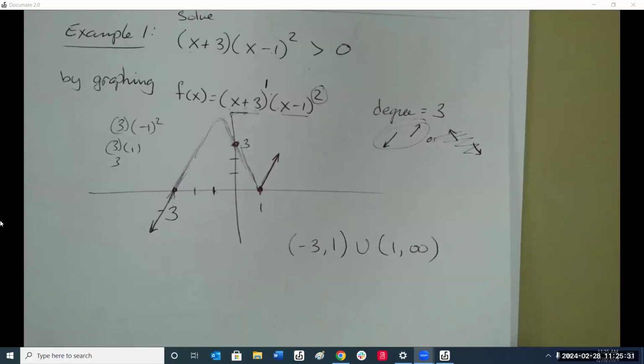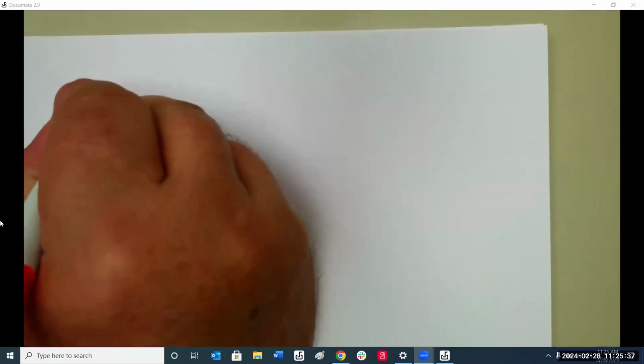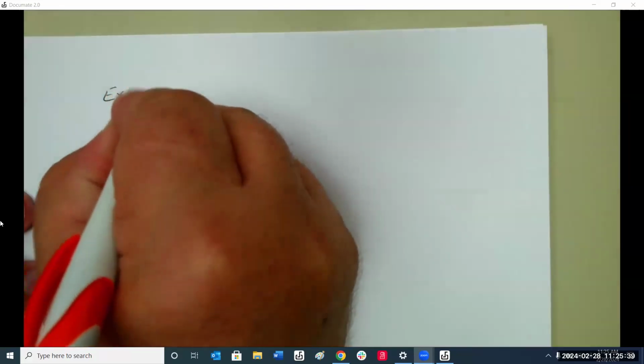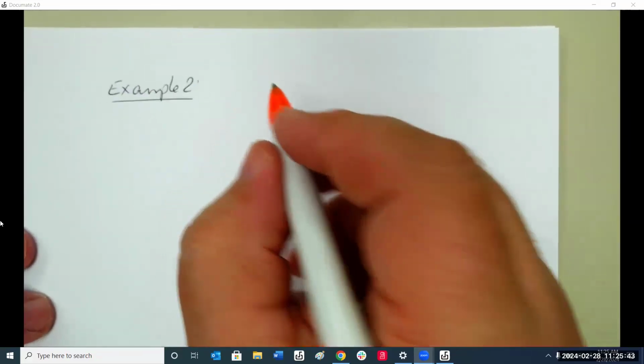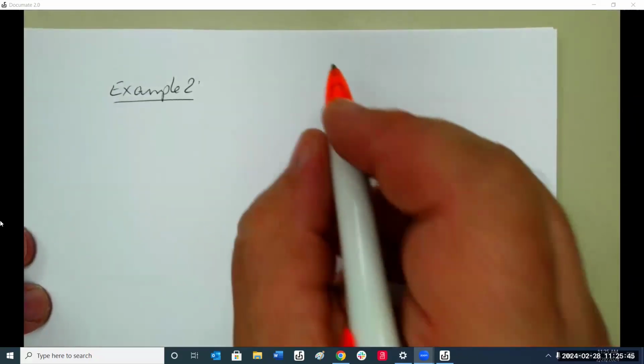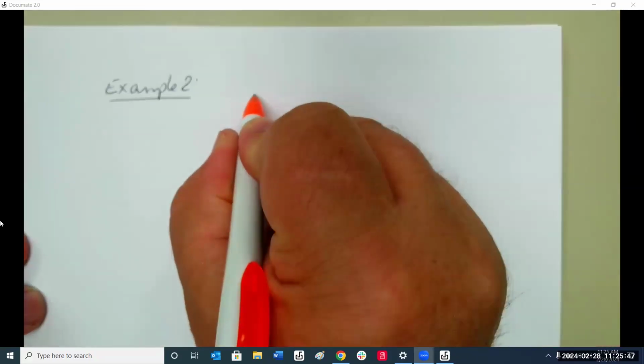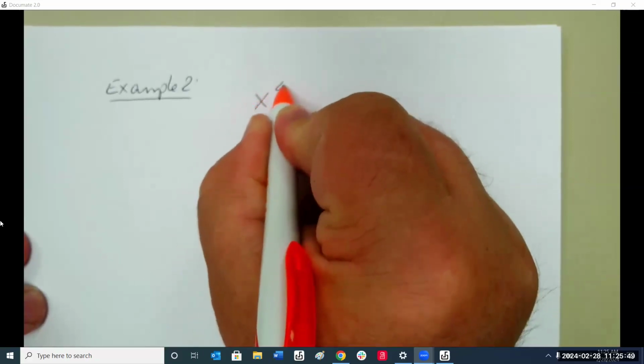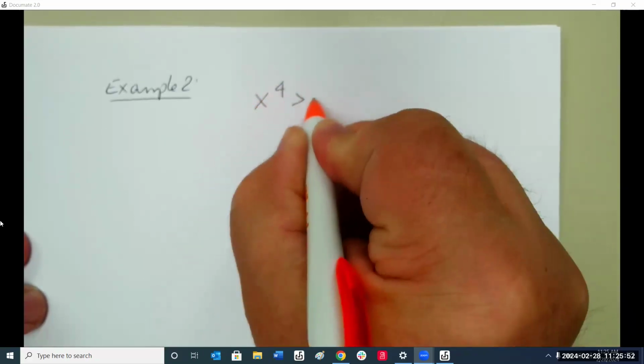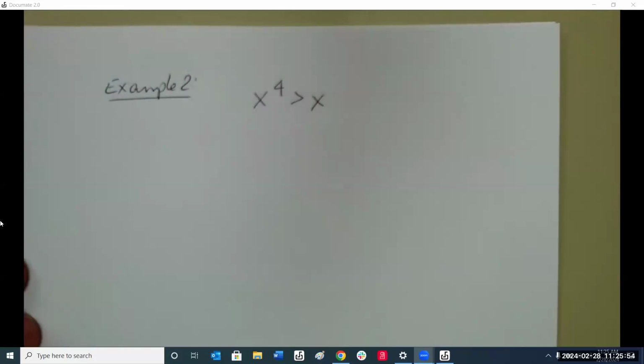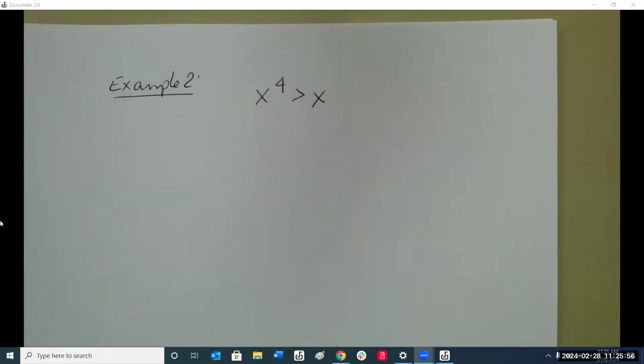Okay, example 2. Solve the inequality. Solve that inequality.